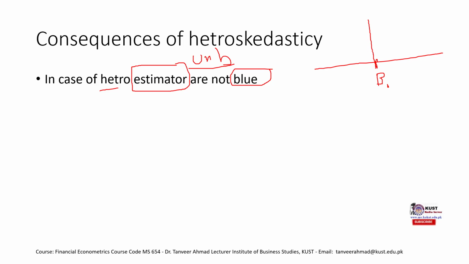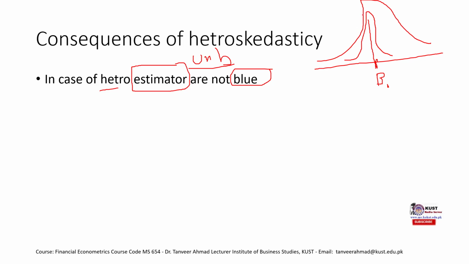The expected value of beta would be the same, the expected value of the coefficient would be the same, so it is unbiased, but it would not be efficient. That is, let's say compare this distribution of beta as compared to this one.